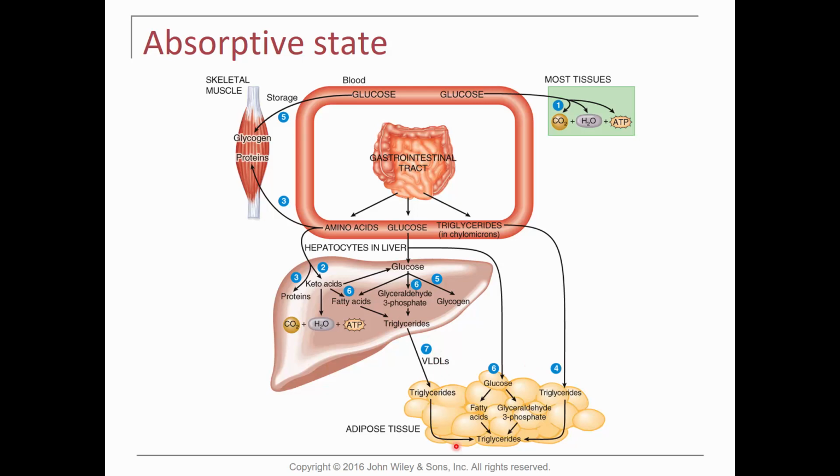What's adipose tissue doing? It's receiving triglyceride VLDLs from the liver, triglyceride chylomicrons from the gut, and glucose for its own energy needs. Excess glucose is stored as fat. What's the muscle doing? The muscle's taking up amino acids and making proteins, taking up glucose and making its own ATP and forming glycogen.